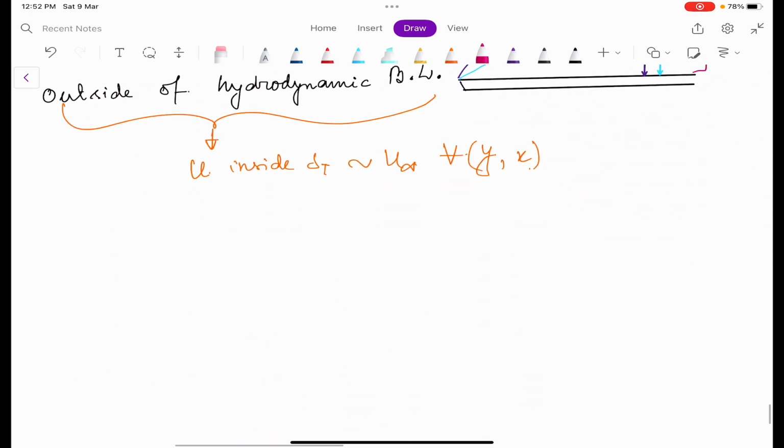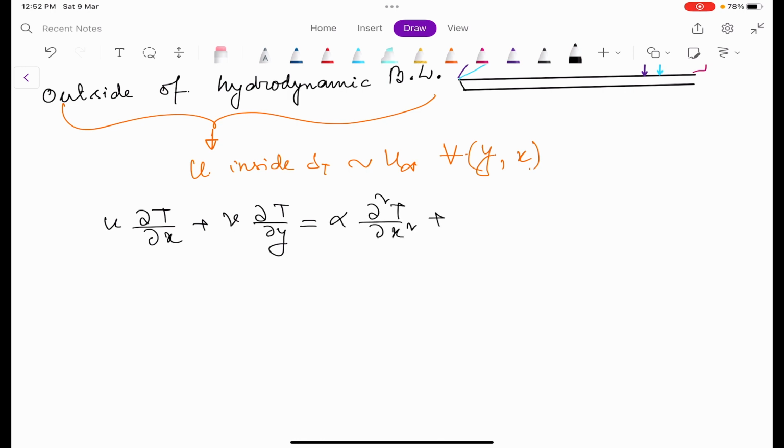So now let me write my energy equation, the modified energy equation that I have derived considering all the assumptions. So u del T del x plus v del T del y is equal to alpha del 2T del x square plus alpha del 2T del y square. So what will be the scale of y?